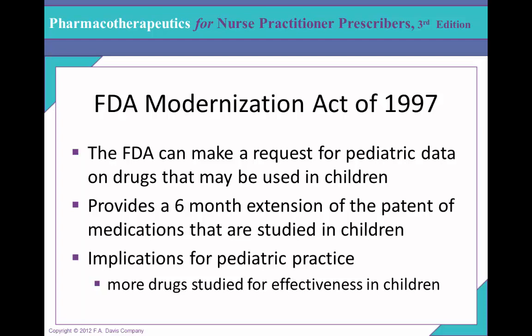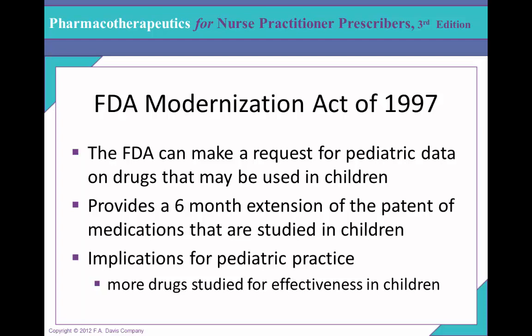The FDA made a request for pediatric data on drugs because many drugs were not tested in the pediatric population. That's when they came up with the pediatric rule. Since the Pediatric Research Equity Act in 2003, several drugs that were already on the market were removed because they had never been tested in the pediatric population.